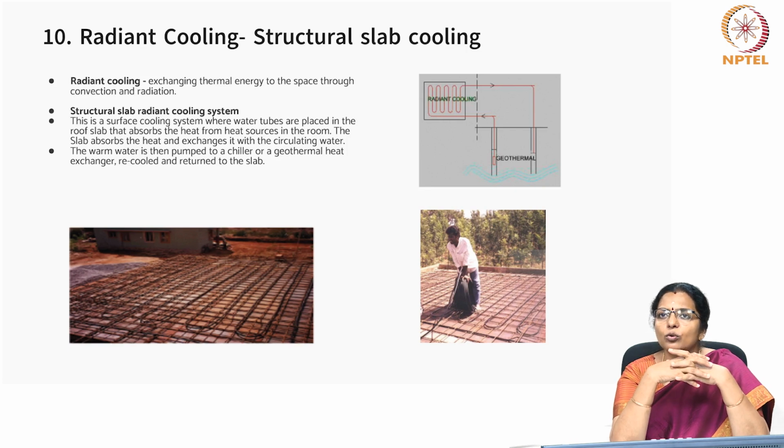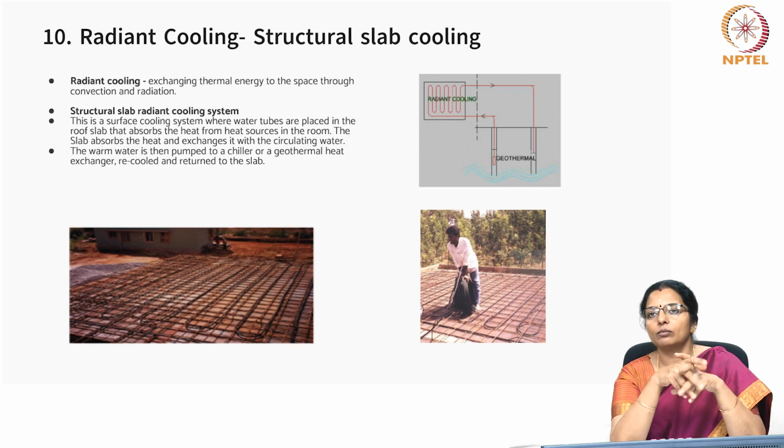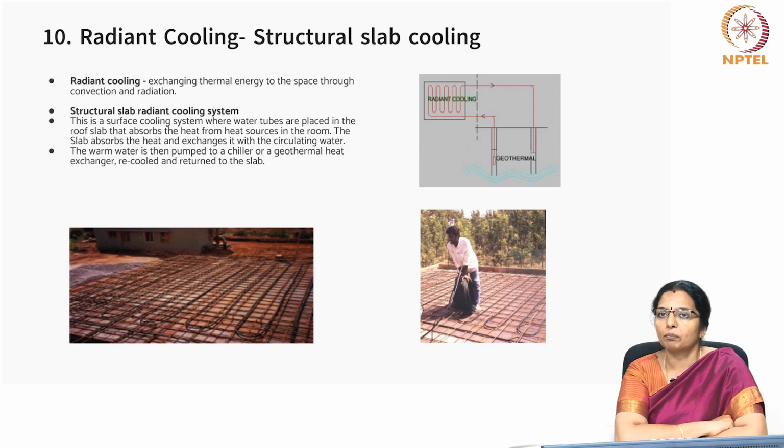So, radiant cooling is exchanging thermal energy with the space through convection and radiation. The structural slab radiant cooling system is a surface cooling system where water tubes are placed in the roof slab, which absorbs the heat from heat sources in the room.